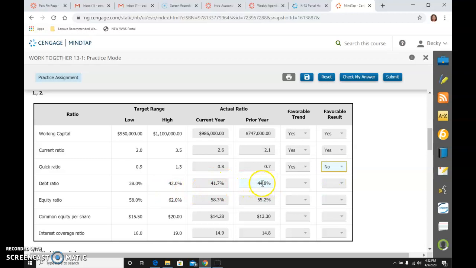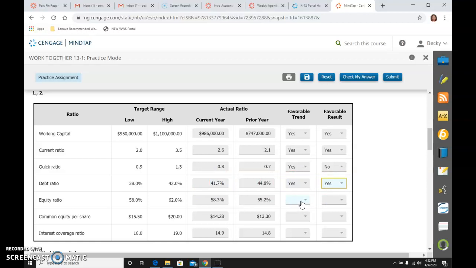The debt ratio, 44.8, 41.7. The debt ratio is going down. We're borrowing less. That is a good thing. It should be between 38 and 42. It is. That is a good thing.